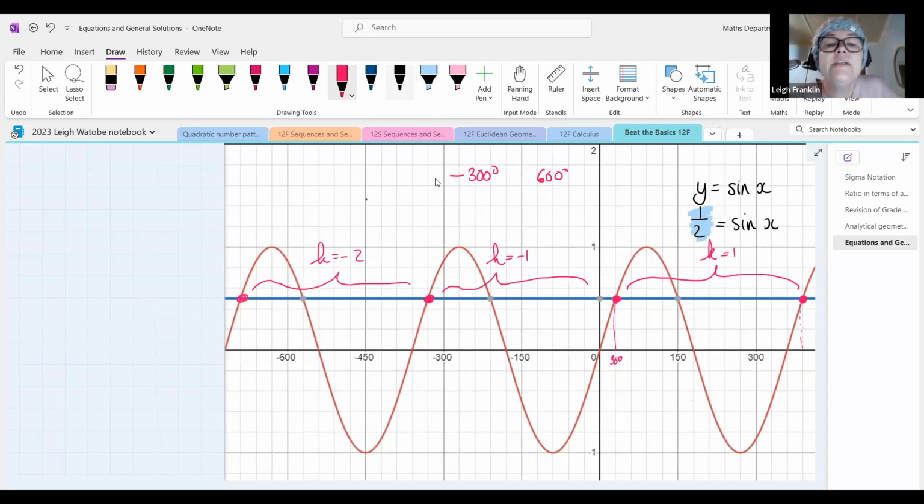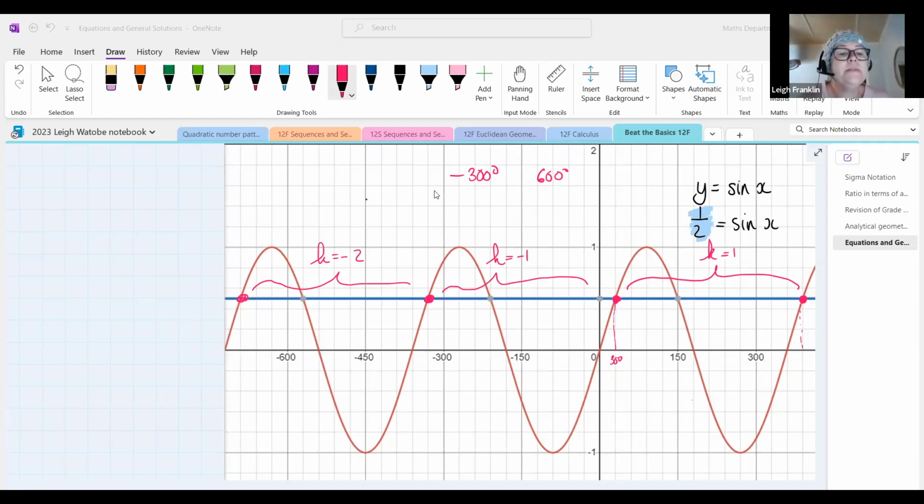So those integer values of k are what allows you to jump forwards or jump backwards on your graph to find the solutions in the interval that you are looking for.